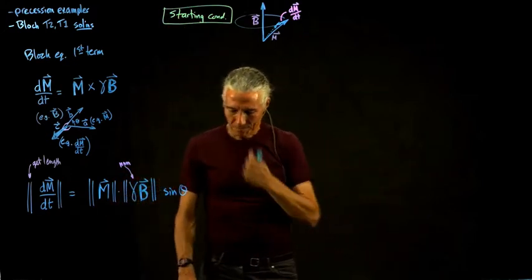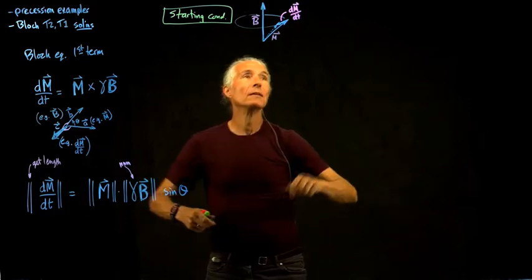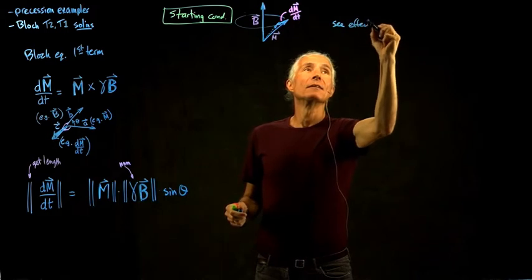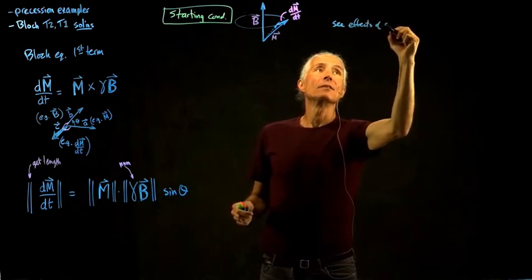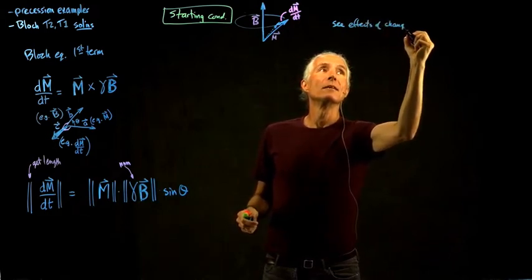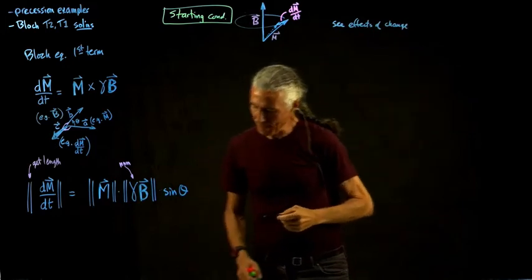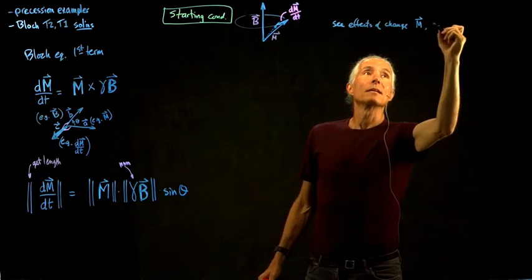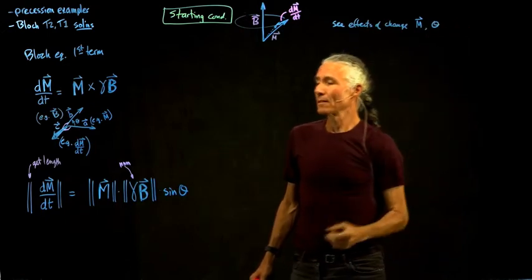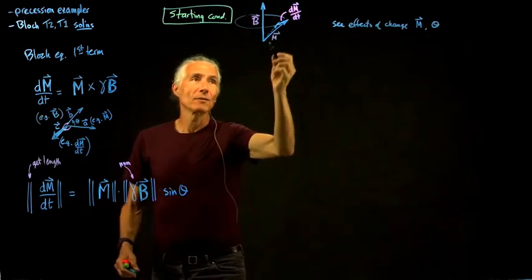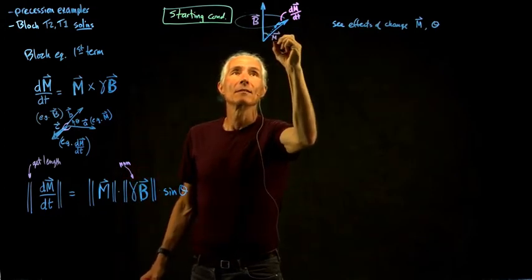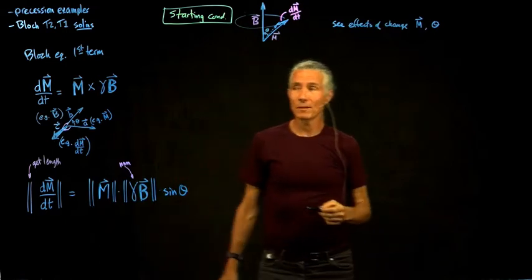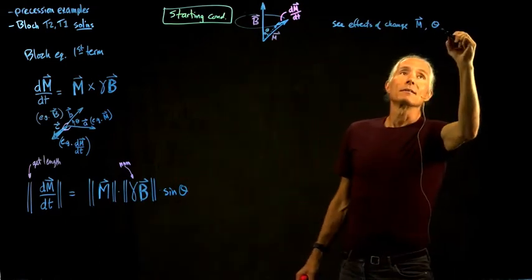So we want to see effects of change. So what order we'll do them in. So change M vector, change the angle, because there could be different angles. So here's the angle, the flip angle, and then change the B.